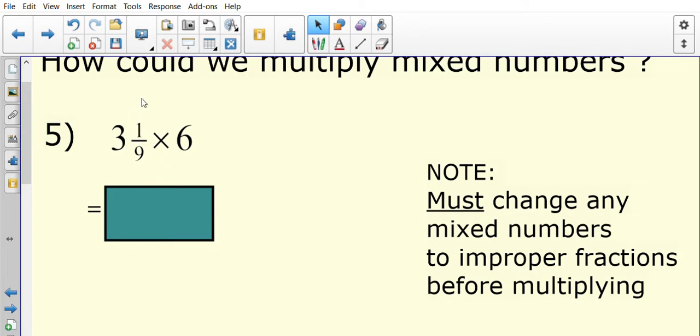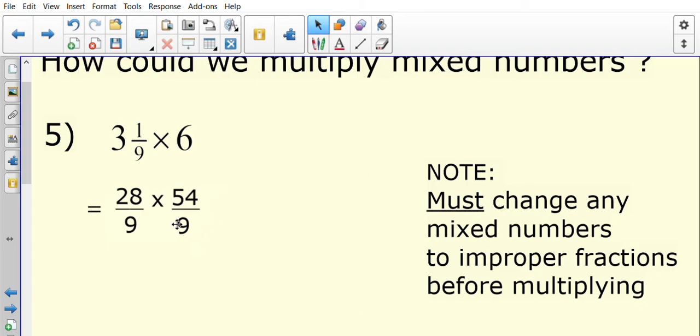So 3 and 1 over 9, if we convert that to an improper fraction, we do 3 times 9, which is 27, plus the 1 is 28. So 28 over 9.